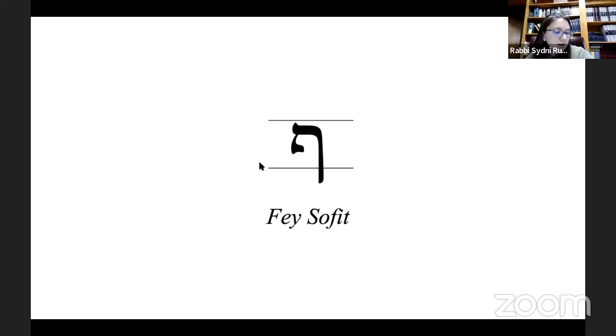All right. Next one is fei Sofit, and the lovely thing about a fei Sofit is that it actually kind of looks like a fei. What a concept. It actually looks like the letter it's supposed to look like. Similar to drawing a fei, line number 1 is this little one here. Line number 2 is another little one here. 3 is the top. 4 goes all the way down.